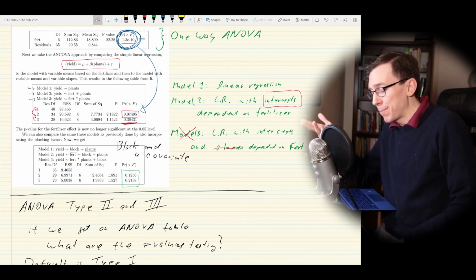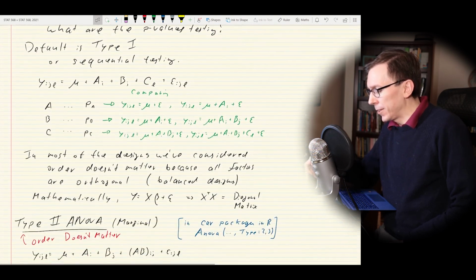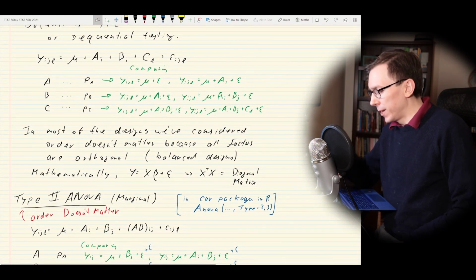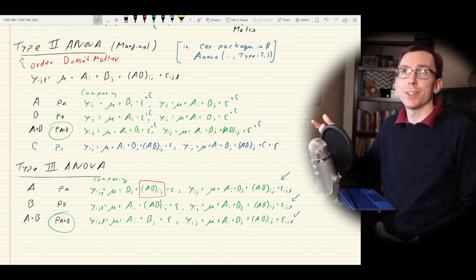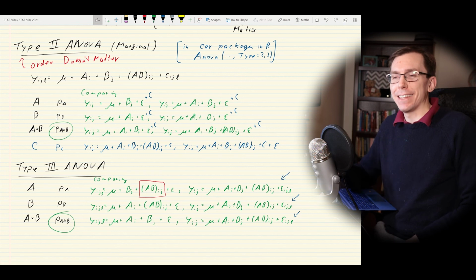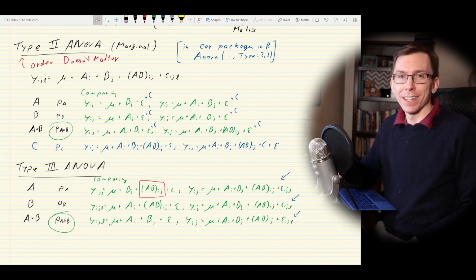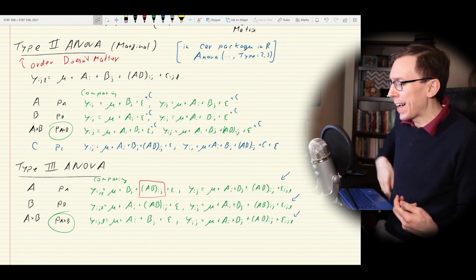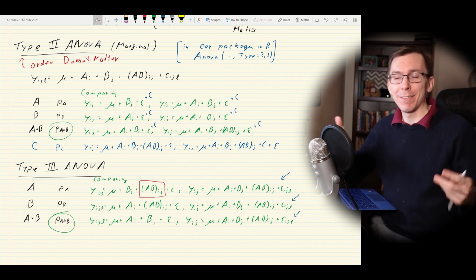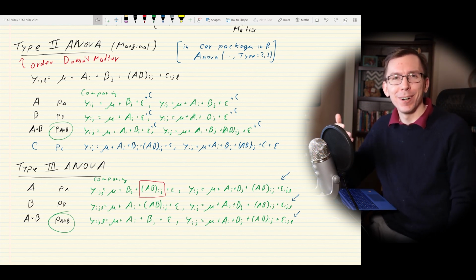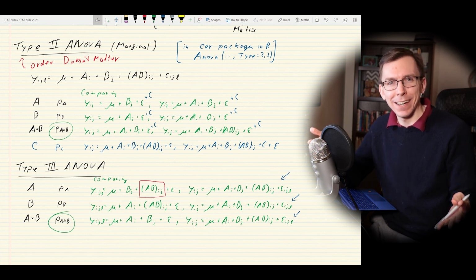So type 1 ANOVA, as it defaults to, may be the thing that you want to do. But there are cases where you might want type 2 ANOVA, or type 3 ANOVA, and it's always good to know what hypotheses you're testing, because that's really important. If you come with a significant p-value and say, I found a significant p-value, this is good, then the question is, what in the world does that significant p-value mean?